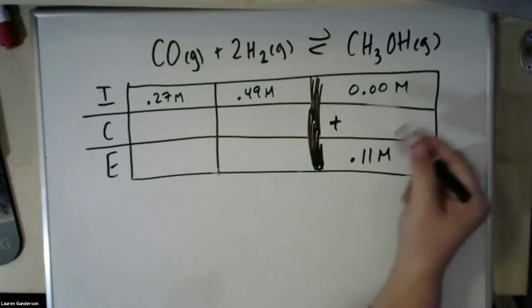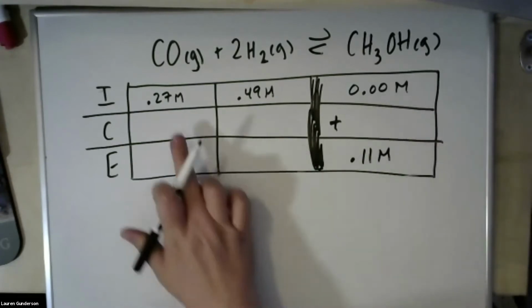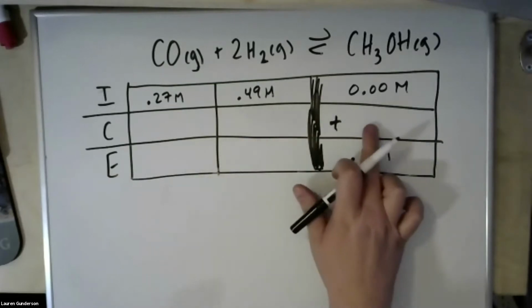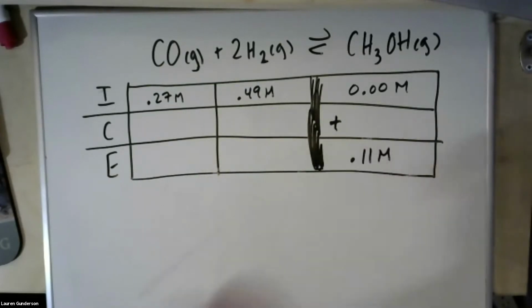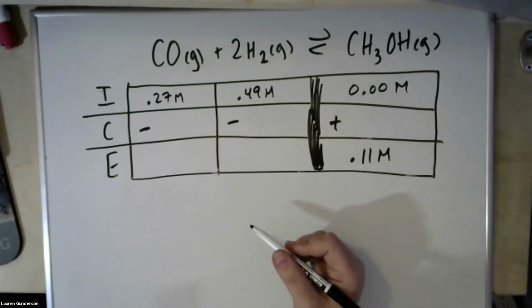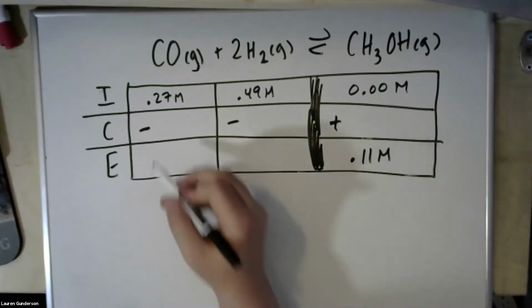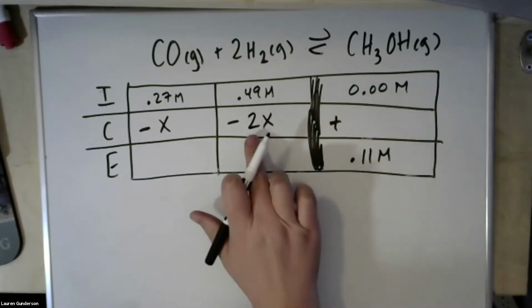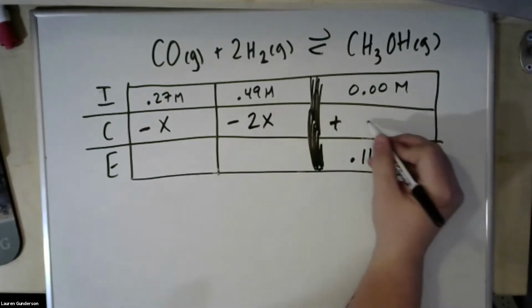If we're making the CH3OH, that means that we have to be using the CO and the H2 gas up to make this. If we're using them up, they're going to get minus signs. And then those X values are going to be put in there, including the coefficients if they're applicable.